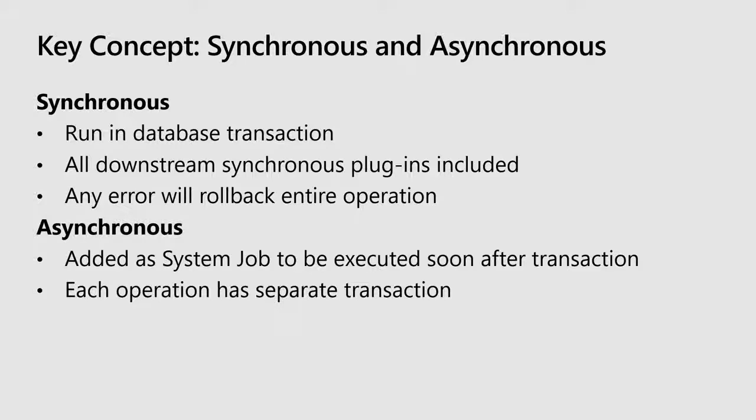So when a plugin runs in a database transaction and it calls another operation, and that operation has another synchronous plugin, you've got a downstream effect of additional business logic, and an error anywhere in that, from your code down to someone else's code, can throw an error that caused the operation to roll back.